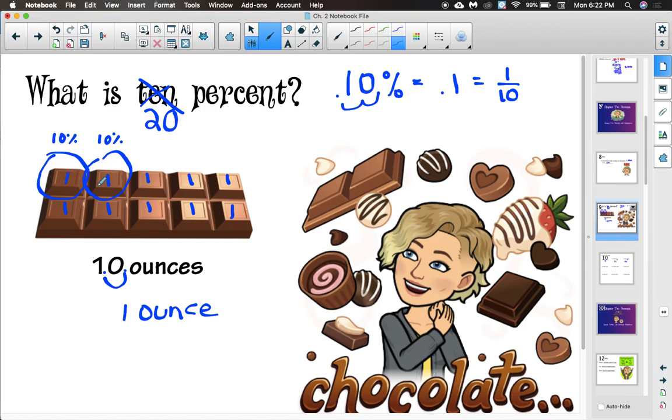So I take 1 plus 1, and 20% of 10 is 2. So if you can find 10%, you can find 20% by adding 2 of them together. If you can find 10%, you can find 30% by adding 3 of them together. You can find 40% by adding 4 of them together. See how easy this is? So if we can find 10%, we can really find 20, 30, 40, 50, 60, 70, 80, any multiple of 10, because we just keep adding them together.